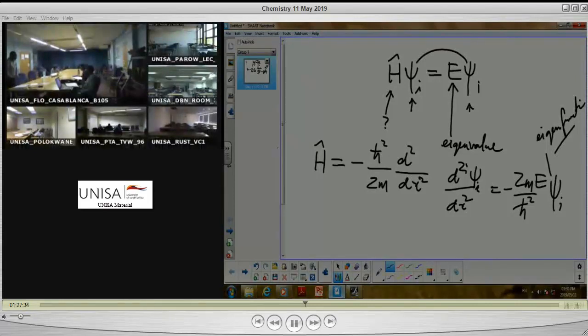We must always look for it. So the practice is the following: let's say, for instance, you start with this function here.